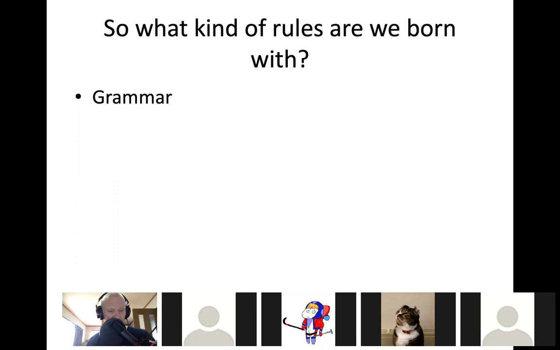A newborn baby has rules of grammar already built into its brain when it's born. You're thinking, rules of grammar, eh? What do you mean? Rules of syntax, rules of grammar, same thing, all right? So these special rules are rules of grammar, the rules of syntax.